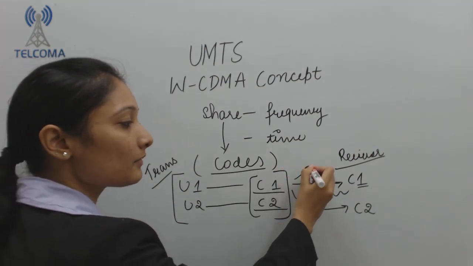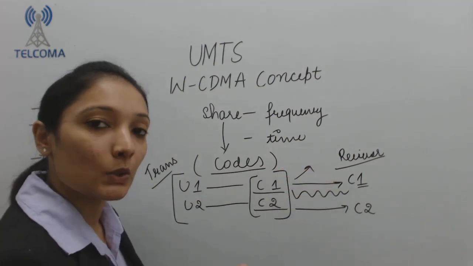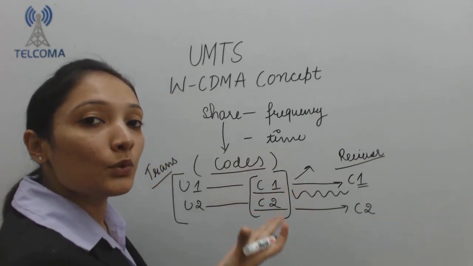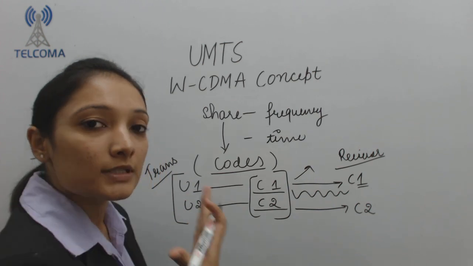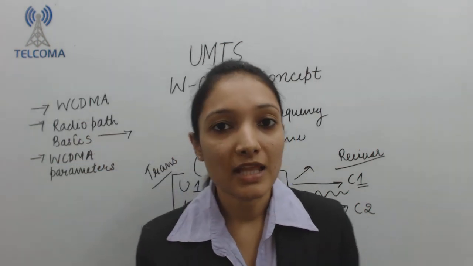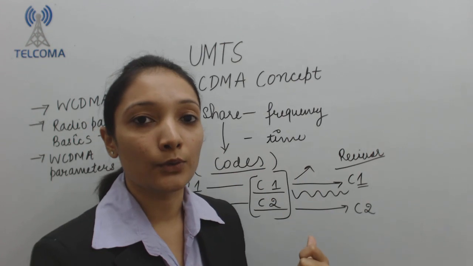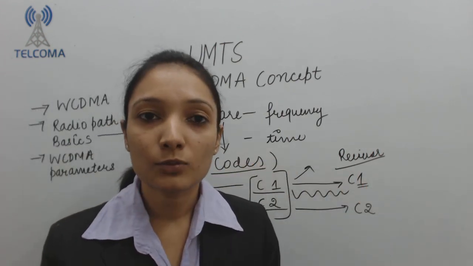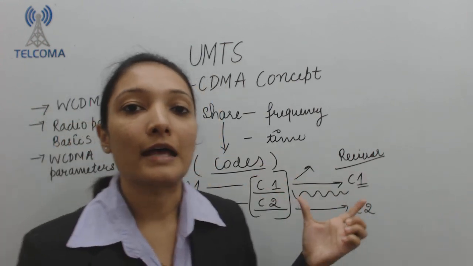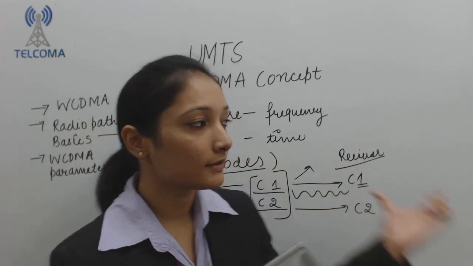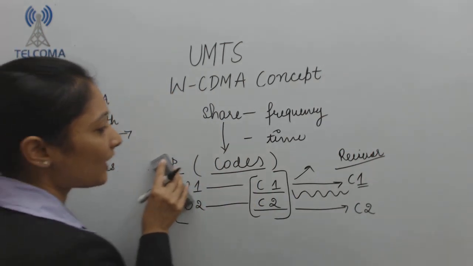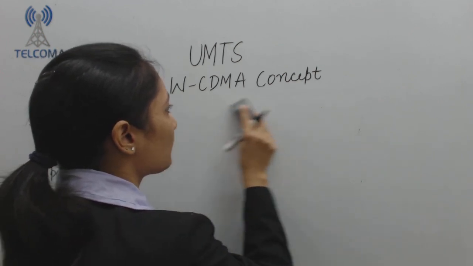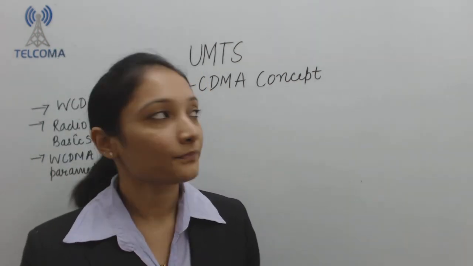But if some different code is used to decode the information, it will not decode the information but will reject it as noise. So this is the benefit of our CDMA systems, that the information is secured. If the transmitter and the receiver have the same codes, they can get the information, otherwise it is rejected as a noise signal. So these are secured systems, and CDMA systems greatly enhance the capacity of our spectrum.